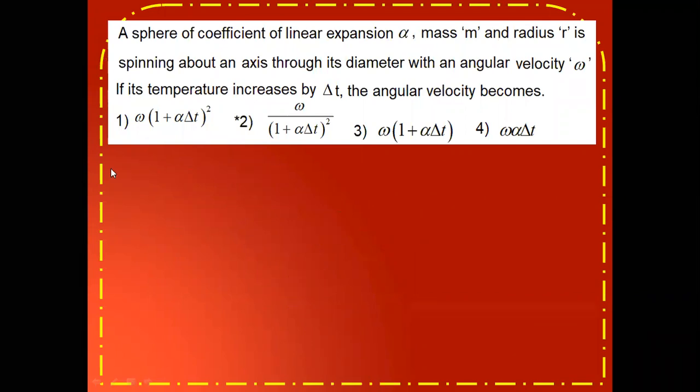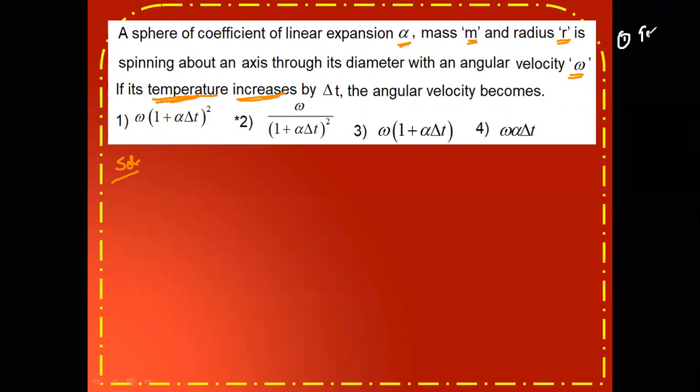See the next problem. A sphere of coefficient of linear expansion alpha, mass m, and radius r is spinning about an axis through its diameter with an angular velocity omega. If temperature increases, there is a relation we have to keep in mind.